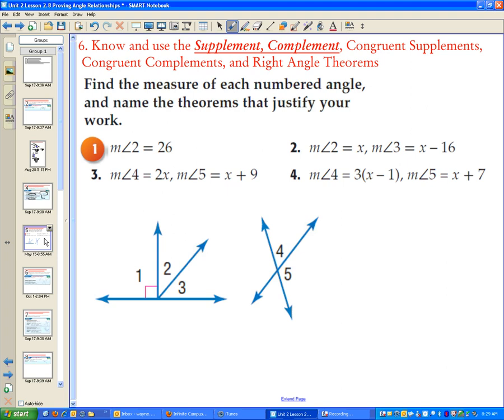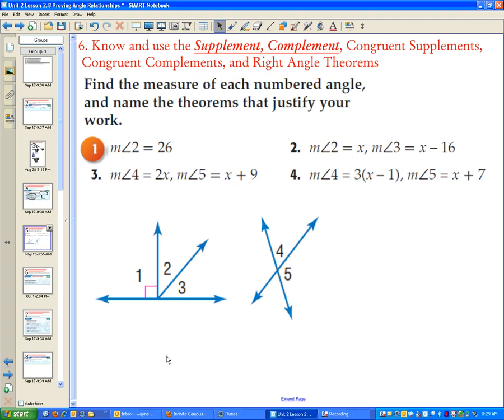For number 1 and number 2, we're going to be dealing with the figure over here on the left, because that's where angles 1, 2, and 3 are. So let's look at this.